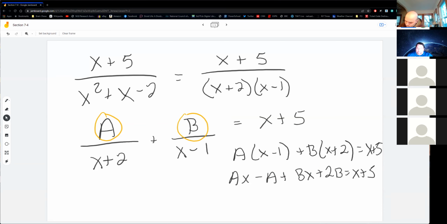All right, so let's look at the x's. I have (a plus b)x, and that has to equal x. And then I have negative a plus 2b, that has to equal 5.